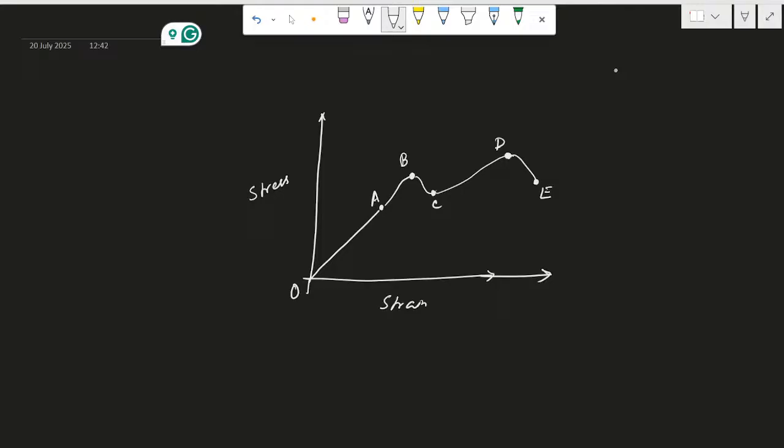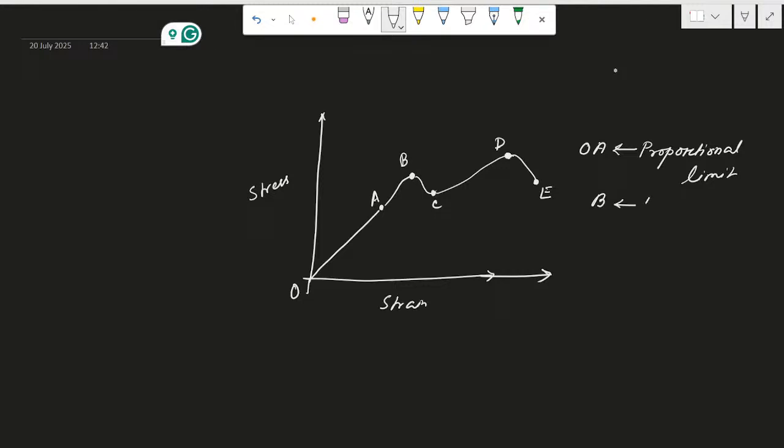Now what is this O to A? This is known as proportionality limit. That is, this Hooke's law is actually up to this. And then B point.